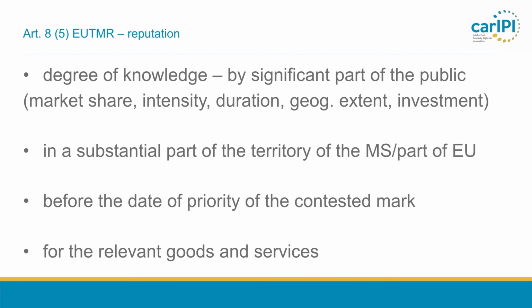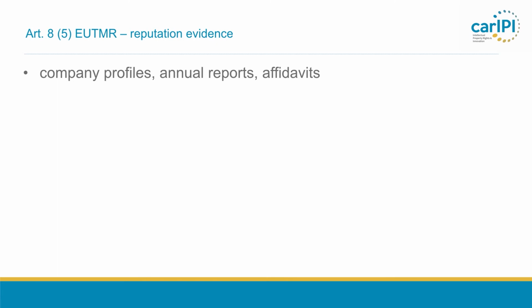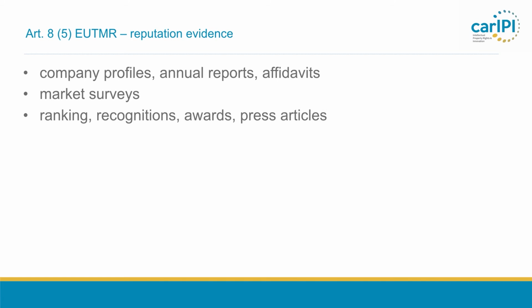How can the reputation be proven? It can be proven via different means. It can be with the use of affidavits, profiles. Market surveys and opinion polls are especially good means to prove it, especially if they are conducted by independent companies in an objective manner, because they provide information about how the trademark is perceived by the public.